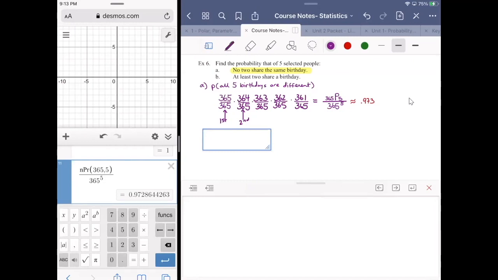Because after you hit the 365th person, you'd have to have some overlap. Because let's say the first 365 people all have different birthdays. Every single one of them somehow has a different birthday. The 366th person, their birthday has to match with one of those 365.